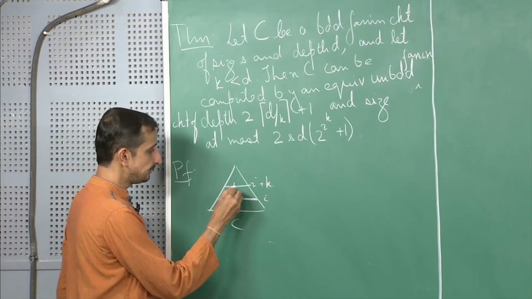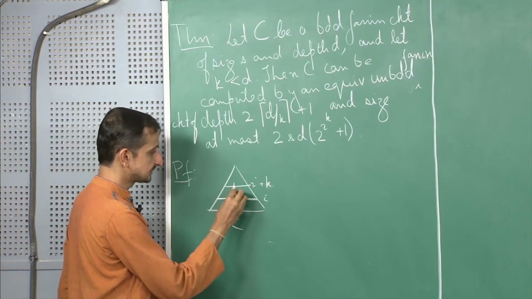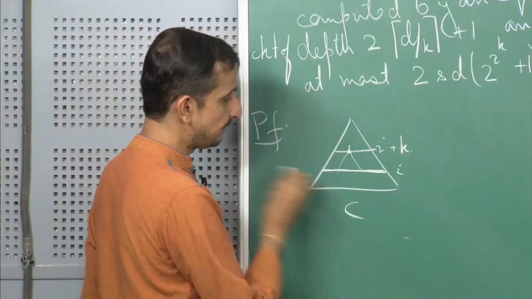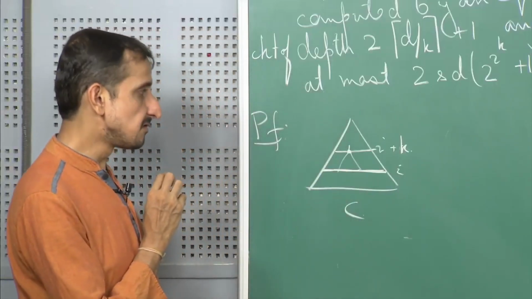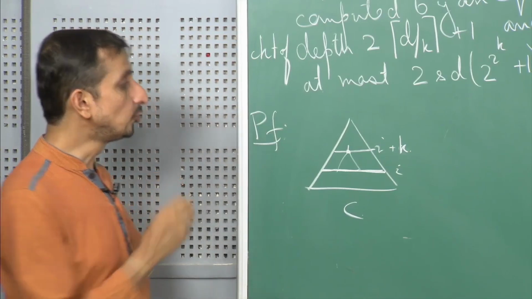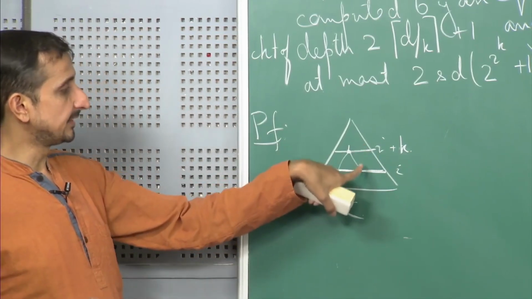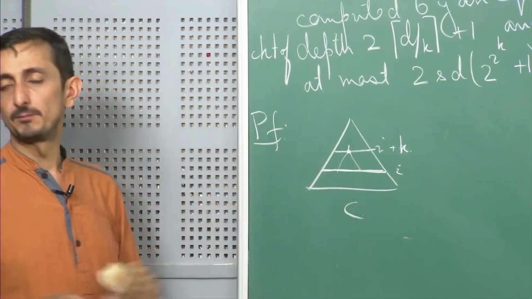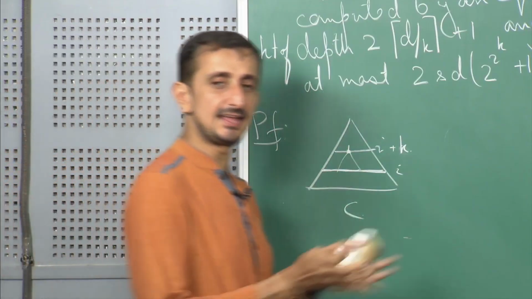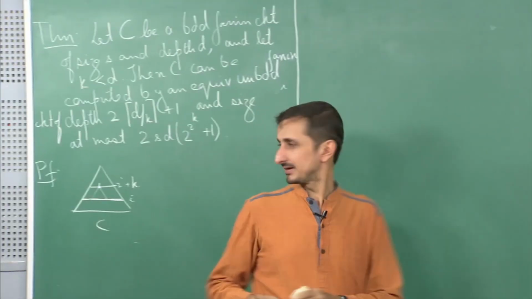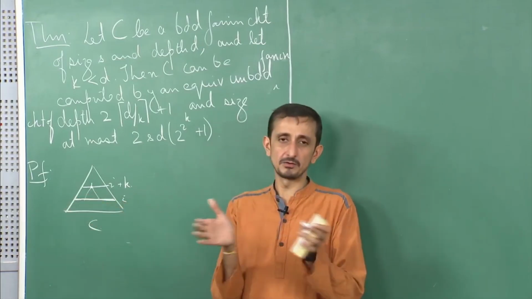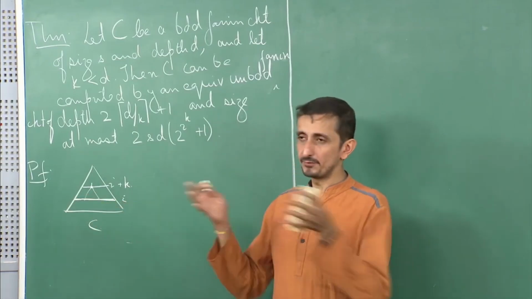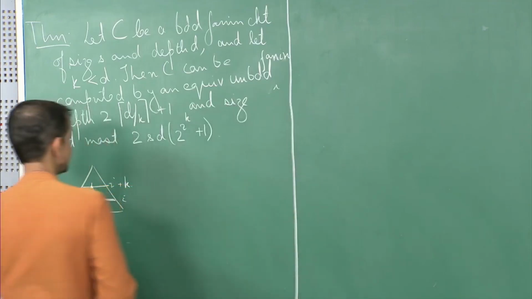Then every gate here would depend on at most 2 to the power k gates from level i, since this is depth k. This is the idea that we want to exploit. It cannot depend on arbitrarily many gates from level i, but only a small number of gates, and this is what we will exploit to design a smaller circuit.